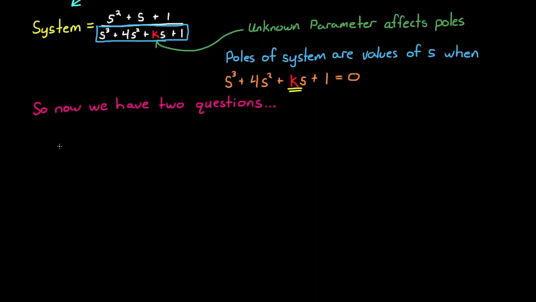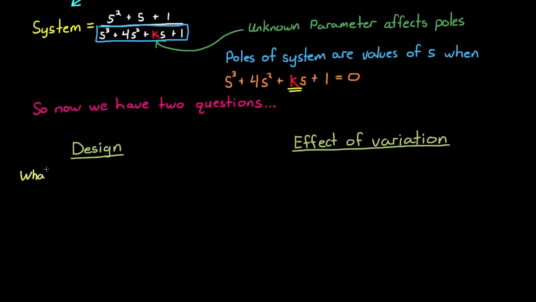The first is a question of control system design, and the second question would be the effect of variation on a control system that's already been designed. On the control system design side, the question is, what value of k should I choose to meet the required system performance?